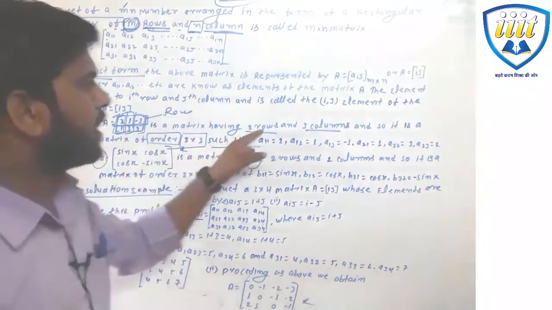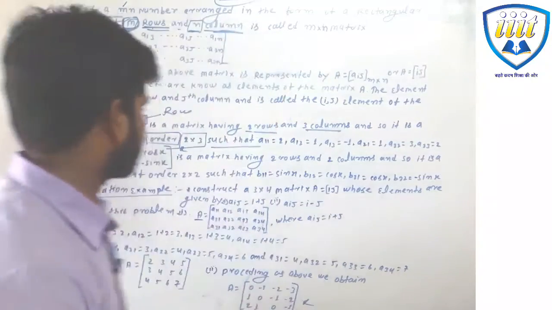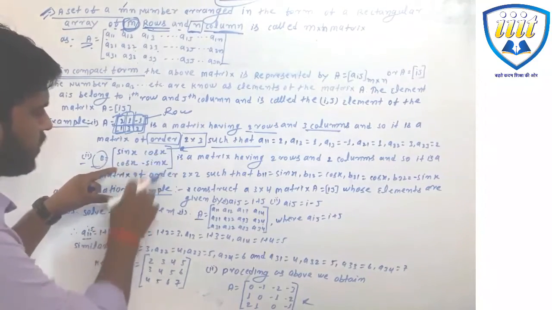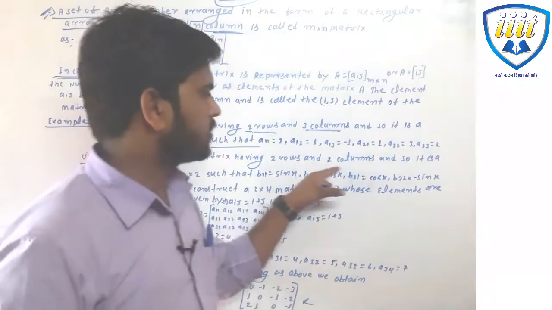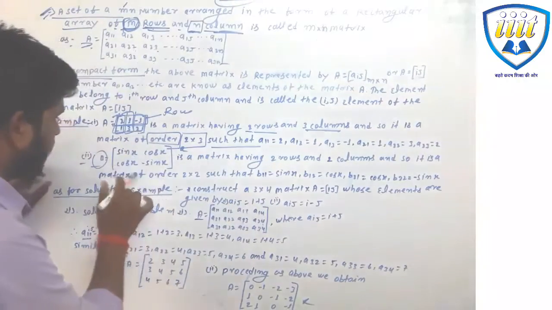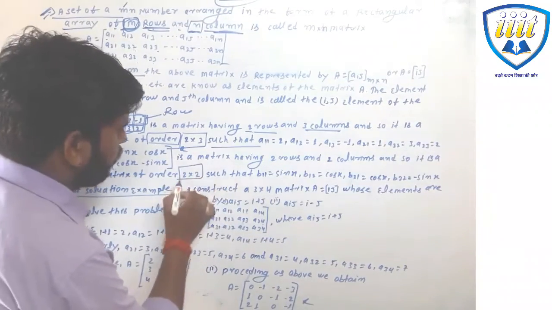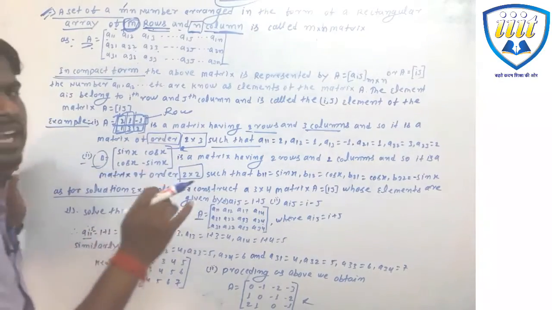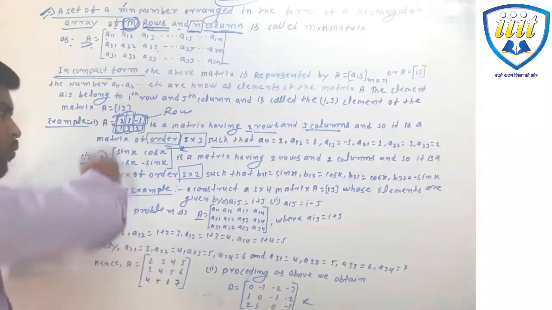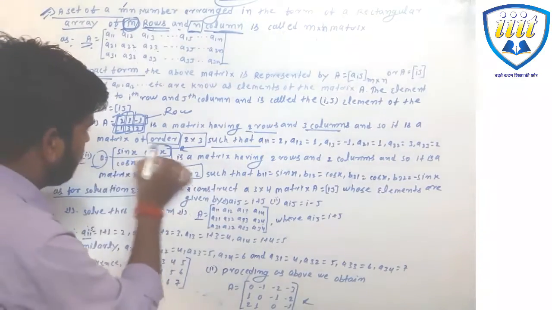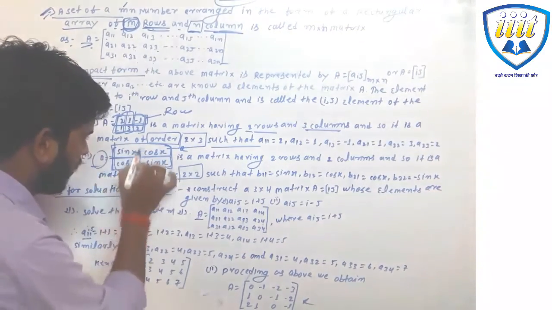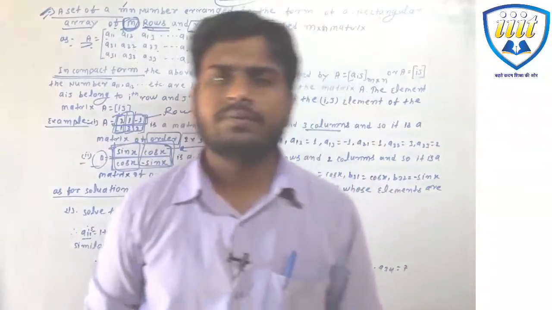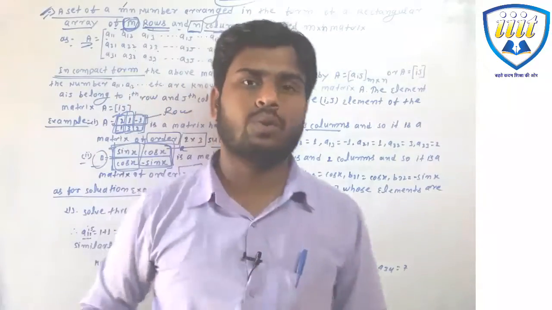This is a matrix having 2 rows and 3 columns. Matrix B equals sin x, cos x, and minus sin x, which has 2 rows and 2 columns, so it is a matrix of order 2 into 2.